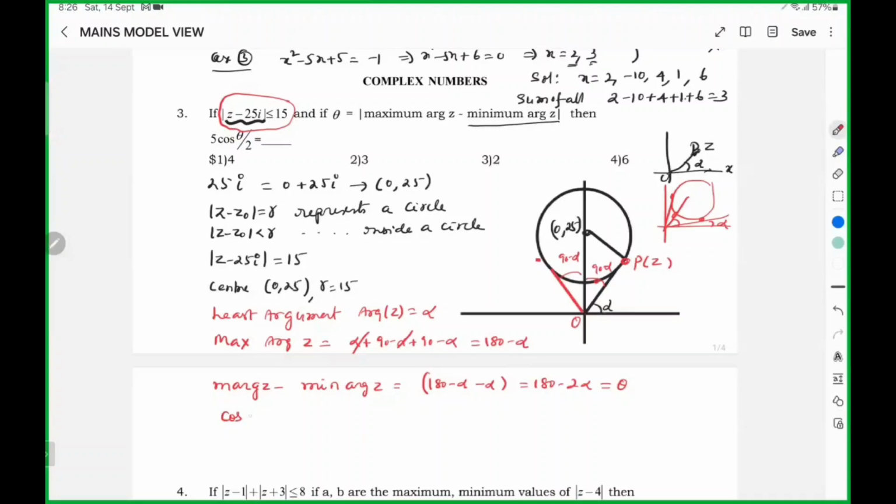Then here cos theta by 2 will be cos of 90 minus alpha, which is sin alpha. Yes, here this radius is 15.